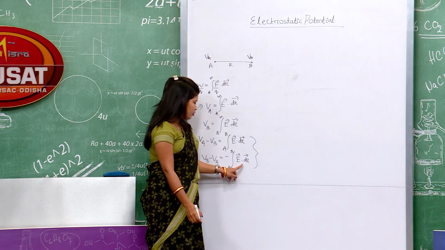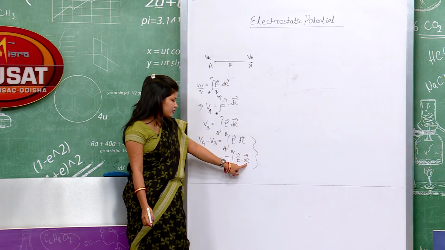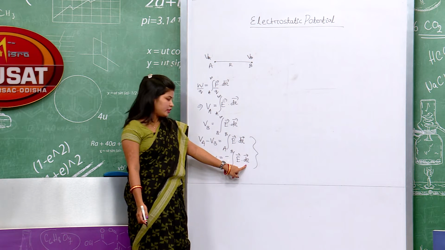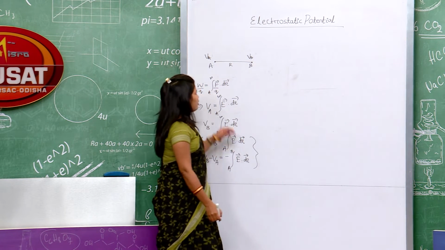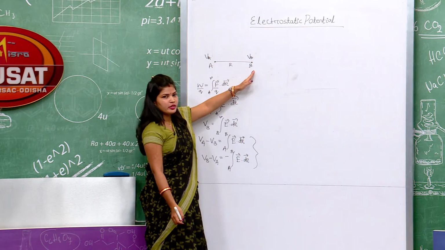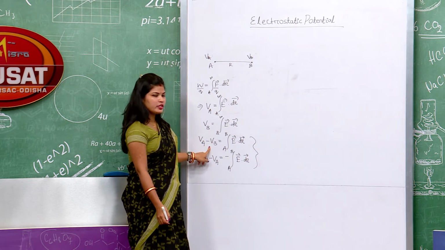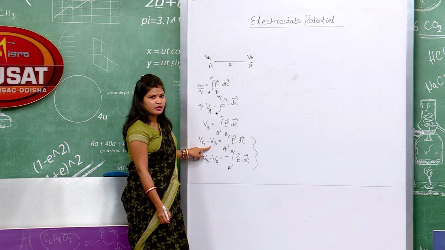Now, I want to change dr to the symbol dl. So, when I go from A to B, this is the potential difference.